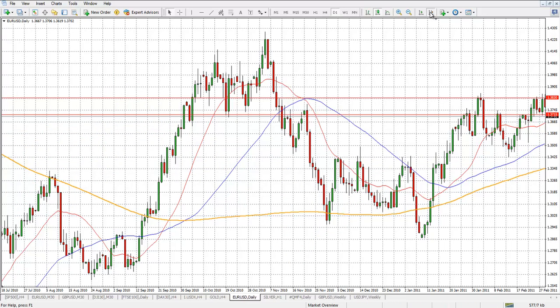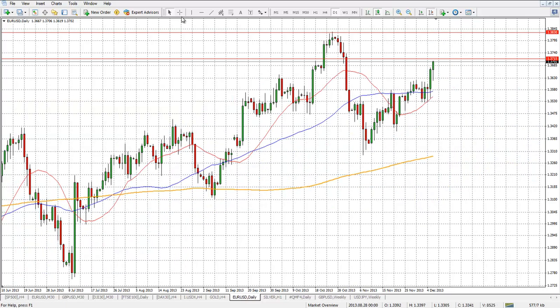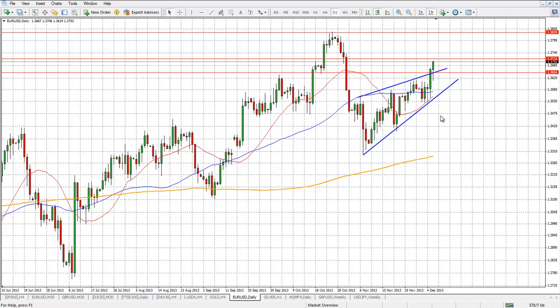On a daily time frame, this appears to be confirmed as well with a breakout above this rising trend line resistance. The way we can see this at the moment is that the current level at 1365 would offer some logical level of support on the way down.